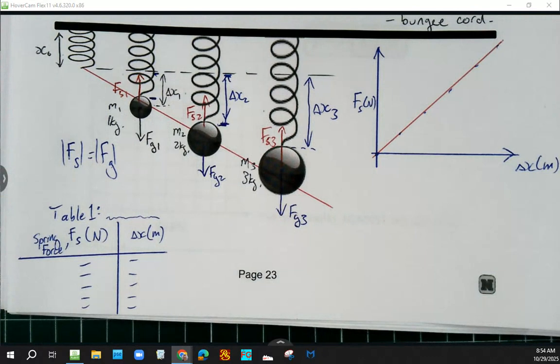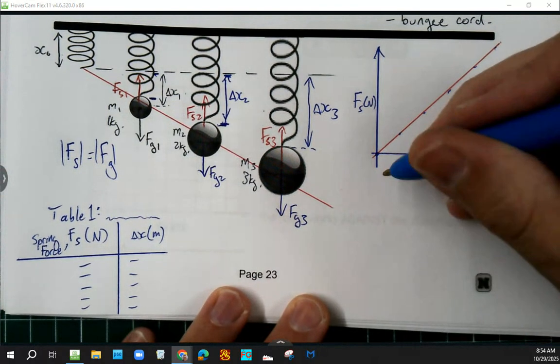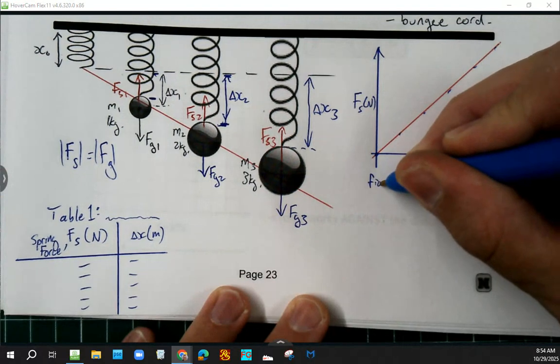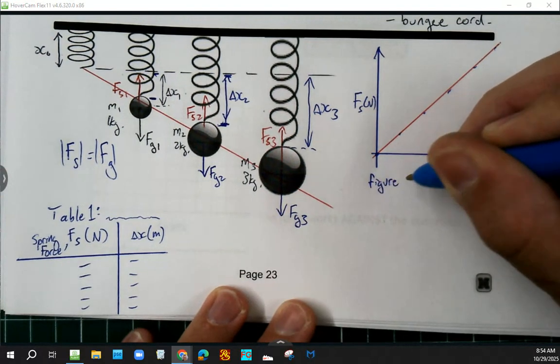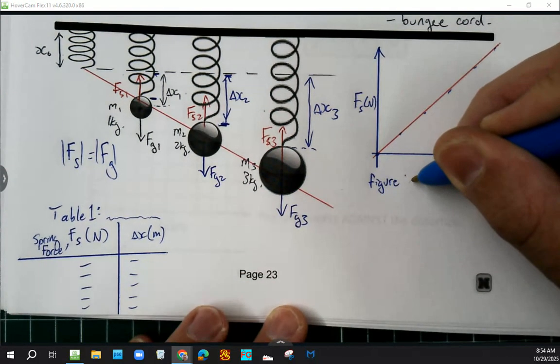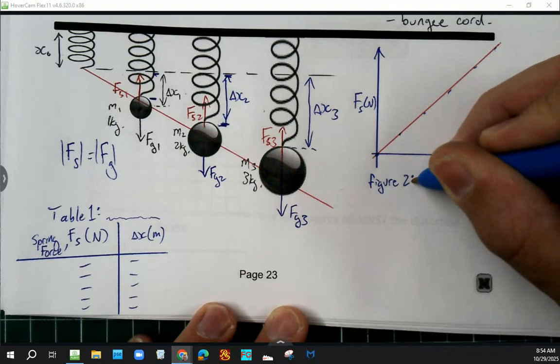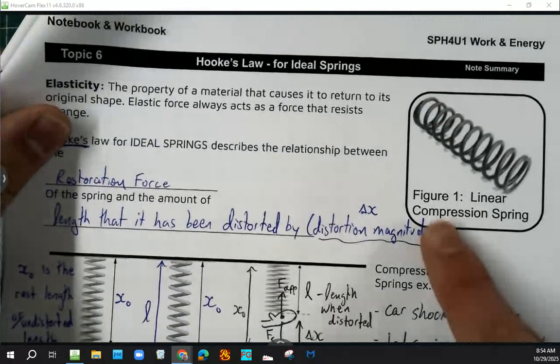Boom, great. And you know, while we're on the topic of being formal, this is another thing that I've been hearing about, is we want to make sure that we have our titles. I'm just going to call this figure 2. The reason I'm calling it figure 2 is the picture of the spring up at the top of my page was called figure 1.